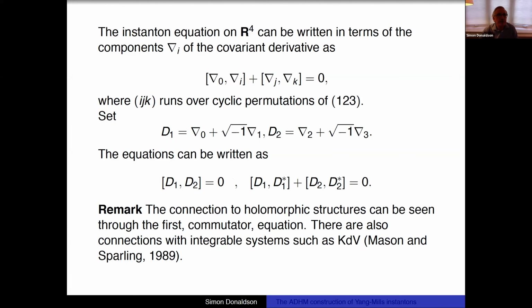If we fix complex coordinates corresponding to the way we've done things, so we take one complex coordinate to be x0 plus i x1, the other to be x2 plus i x3, then d1 and d2 correspond to the Cauchy-Riemann operators in the two complex coordinate directions. And this commuting condition is just the integrability condition that the connection defines a holomorphic structure.